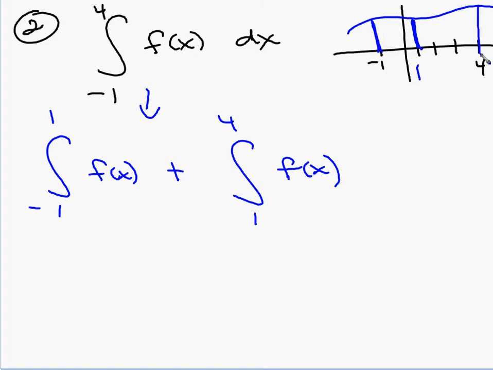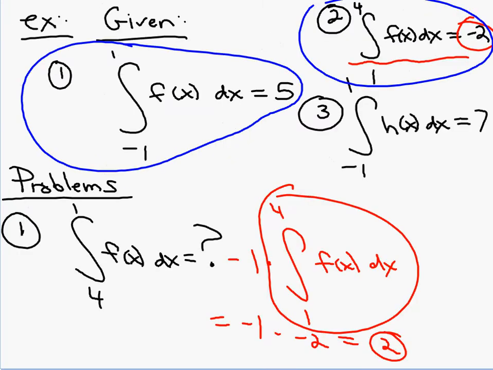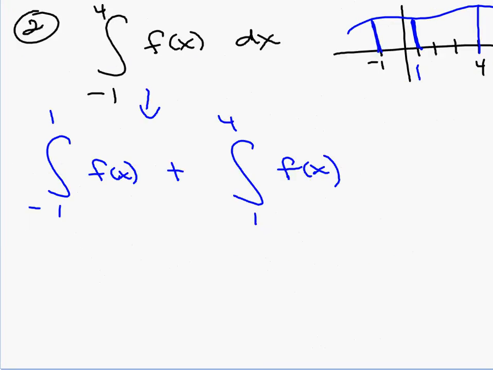Okay? And that additivity rule says I can do that. And now I've got all the information I need. Negative 1 to 1, it's 5. 1 to 4, it's negative 2. So I just have 5 plus negative 2, and the answer is 3.